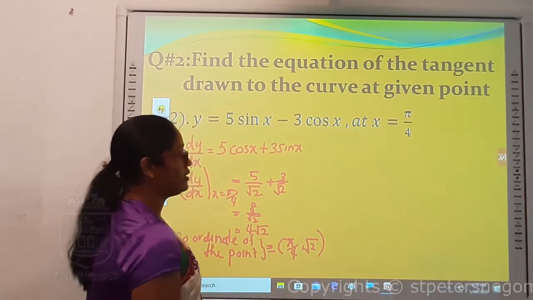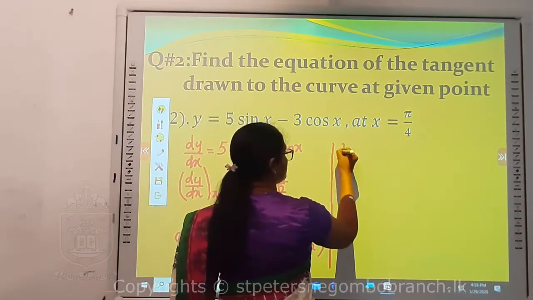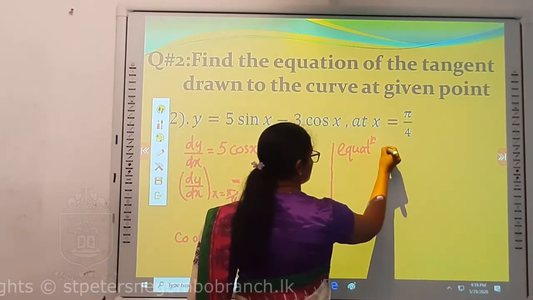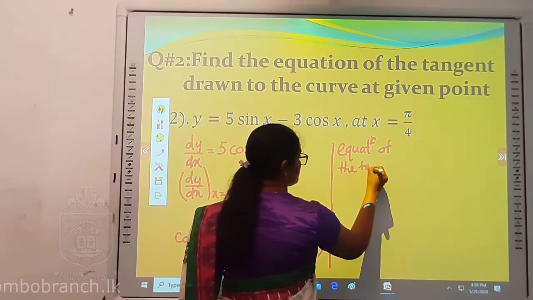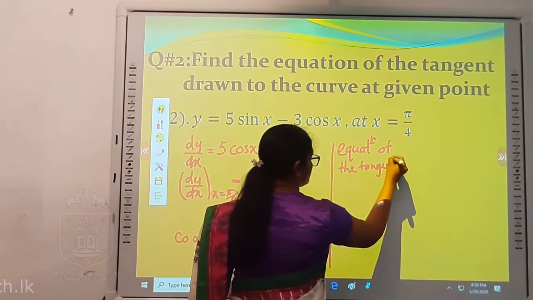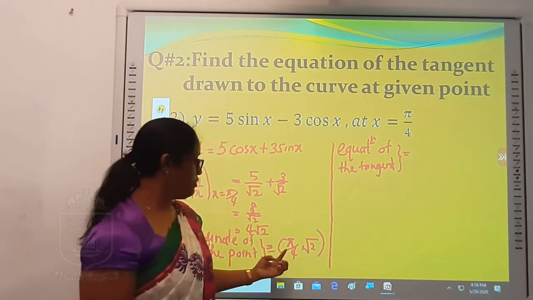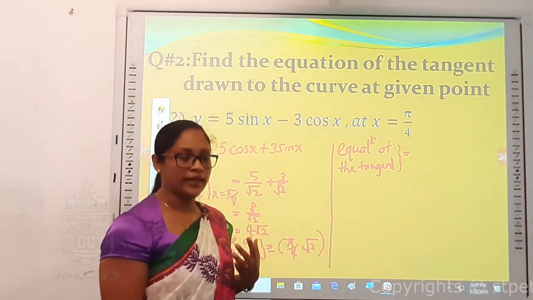Now we can write the equation. When we are writing the equation of the tangent, we should choose a general point (x, y).